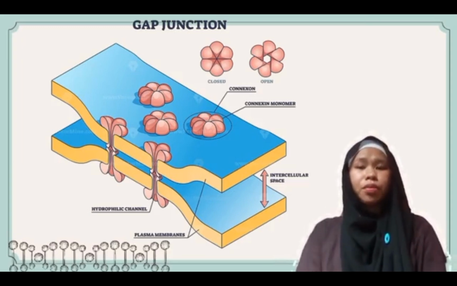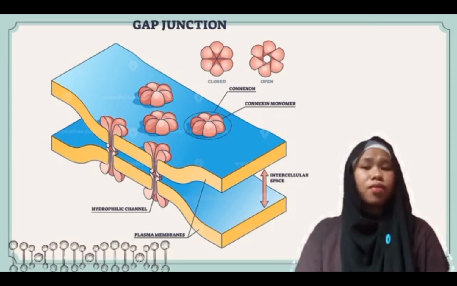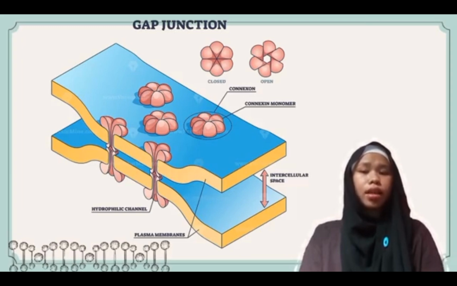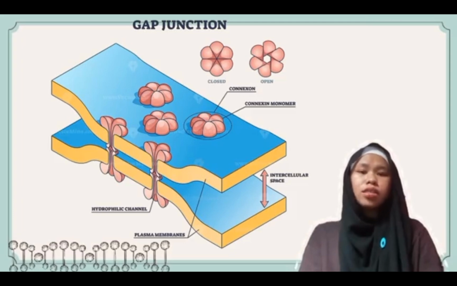So the connexon is a direct cell-to-cell communication channel, allowing the passage of small molecules, including ions, metabolites, and signaling molecules. They are essential for coordinating cell activity, development, and metabolic coupling. So that's the connexon, or connexin subunit.